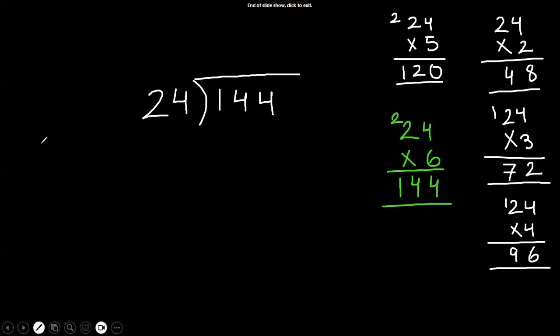That means 24 multiplied by 6 is 144. And so 4 minus 4 is 0, 4 minus 4 is 0, 1 minus 1 is 0.